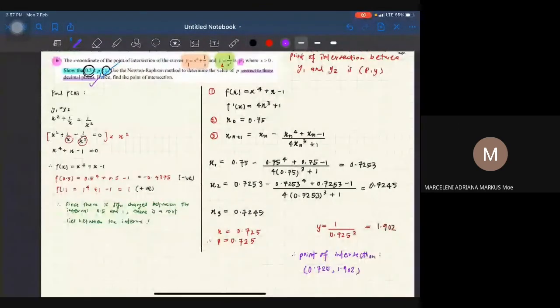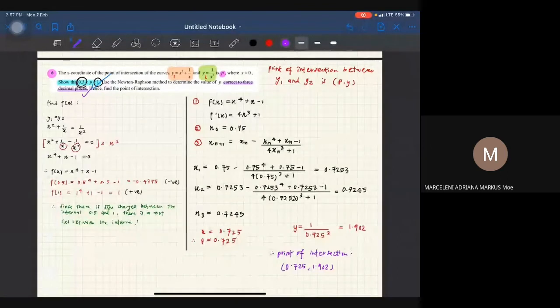Ada soalan tak untuk nombor 6? Ada soalan? Semua orang faham? Faham. Okay. Faham. Alright. Okay, good.